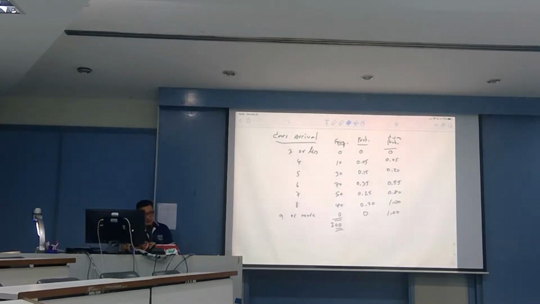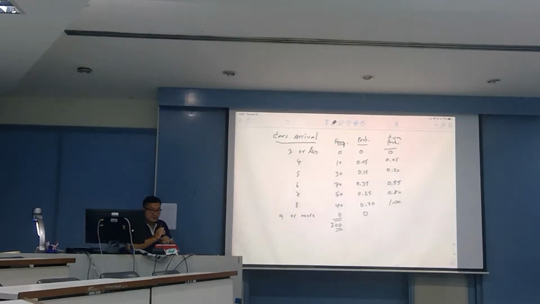But if we look at the frequency, there is no car at 3 or less and 9 or more, right? So it's just there to fill out the table, but actually we are not using 3 or less and 9 or more because there's no frequency. So we can cut it off.